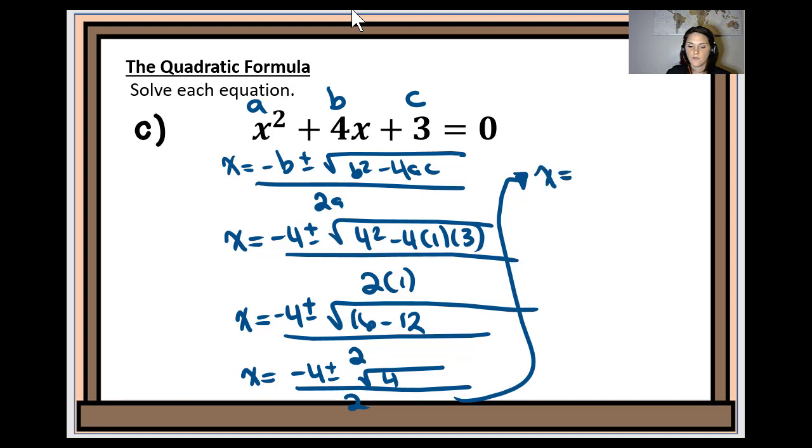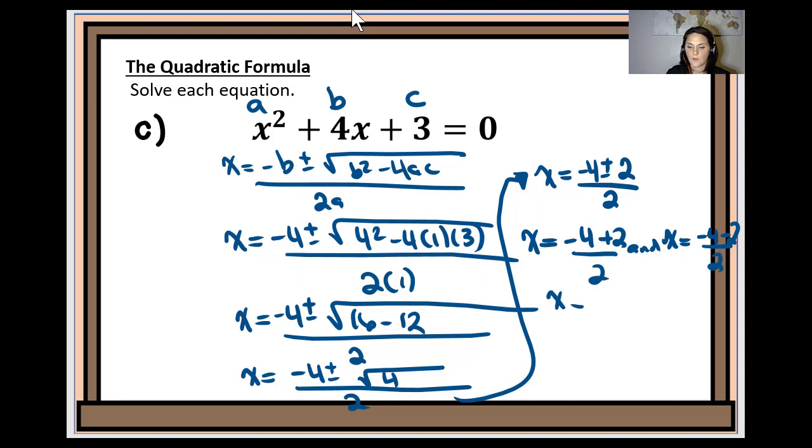So x is equal to negative 4 plus or minus 2 over 2. So x is equal to negative 4 plus 2 over 2, and x is equal to negative 4 minus 2 over 2. So x is equal to negative 2 over 2 and negative 6 over 2.